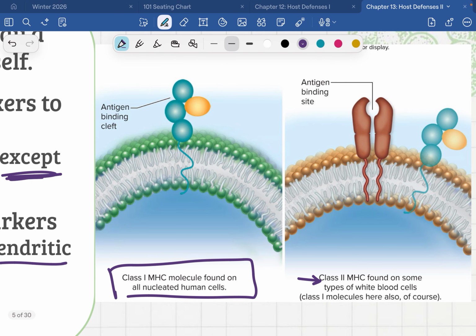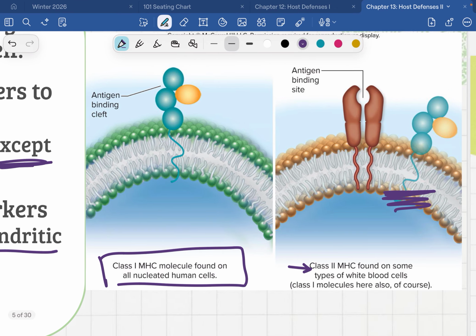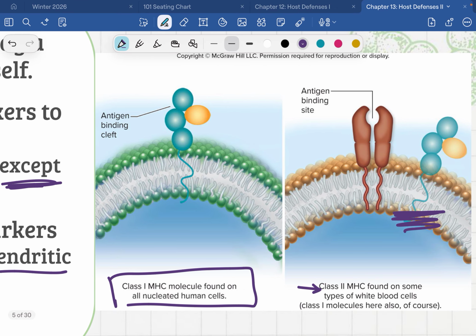But macrophages, dendritic cells, and B cells are cells in your human body that are not red blood cells. So remember that those macrophages, dendritic cells, and B cells will also have an MHC class 1 because they are cells. So those macrophages, dendritic cells, and B cells have both an MHC class 1 and an MHC class 2.